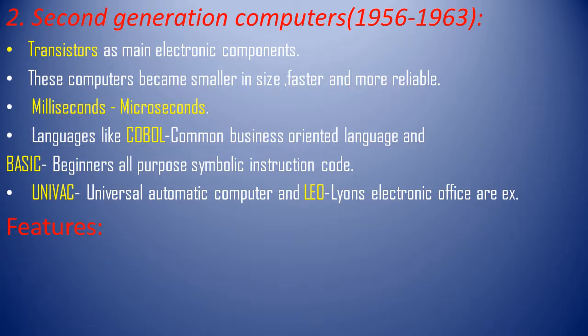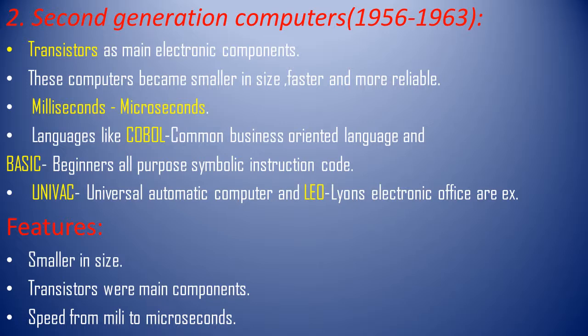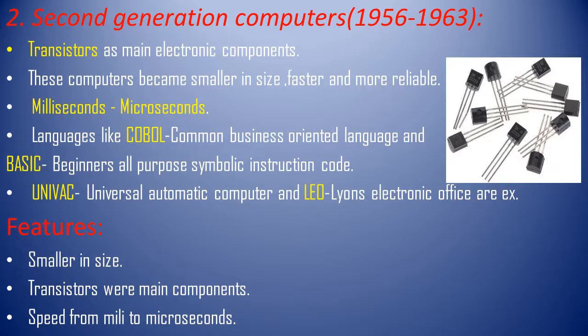Some of the features are: second generation computers were smaller in size and they used transistors as main components. Speed is increased from milliseconds to microseconds. This is the component used in second generation computer, that is transistor.